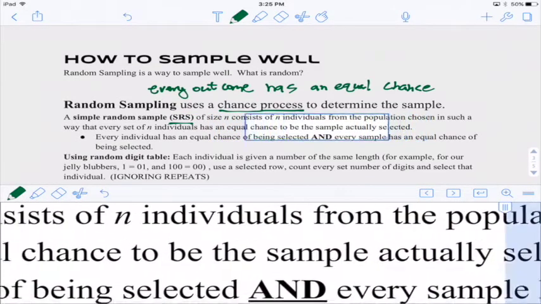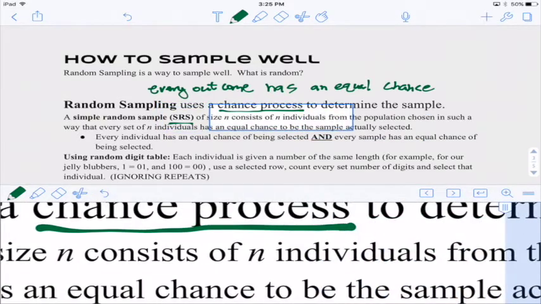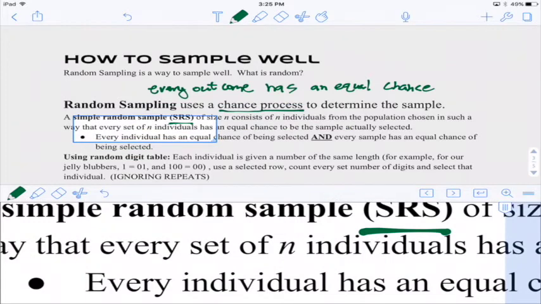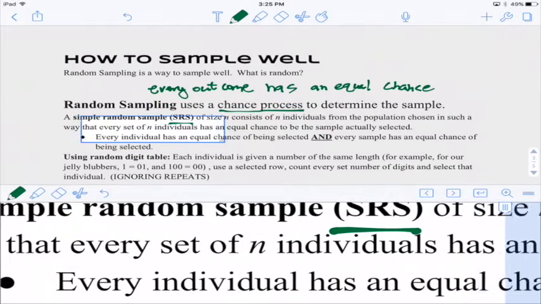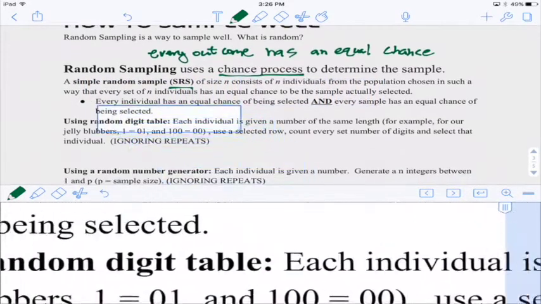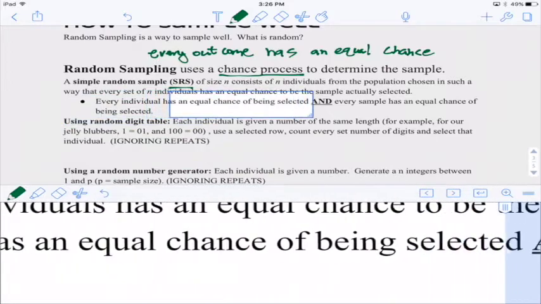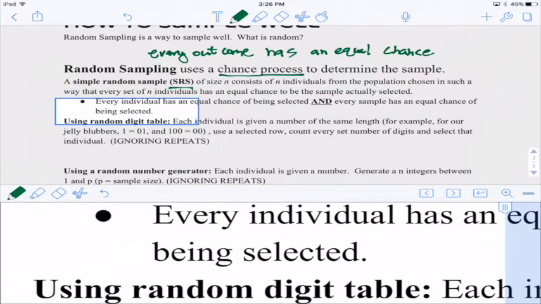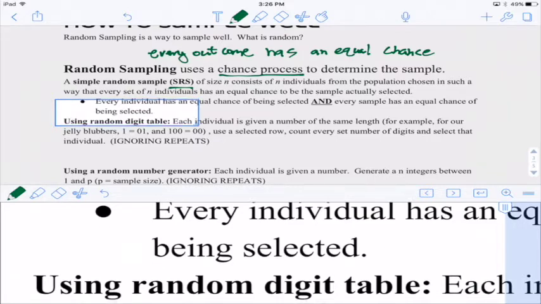So not only does every individual have an equal chance of being picked, but every sample, every set, every group, if I want to use a third word, has an equal chance of being sampled as well. Every individual has an equal chance of being selected, and every sample has an equal chance of being selected. So a simple random sample does both.